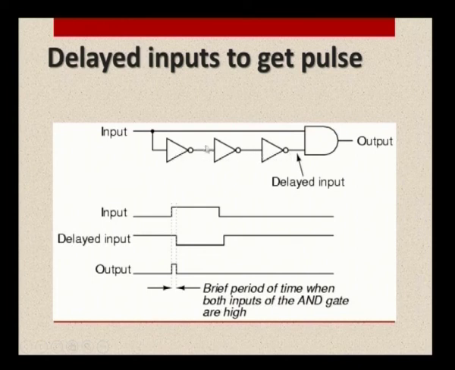They are represented in this manner. Why do we have several NOT gates? Can't we have only one NOT gate? What is the title? It is a delayed input. So, we want to delay the input that is given to the second terminal here. Because of that the input given to the second terminal is delayed by this much time.